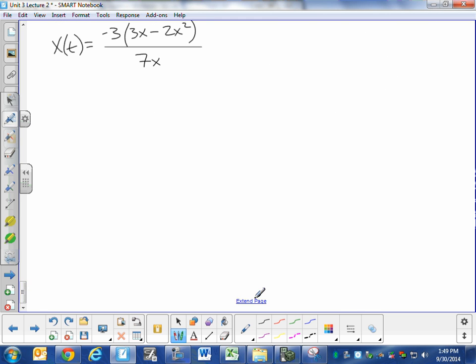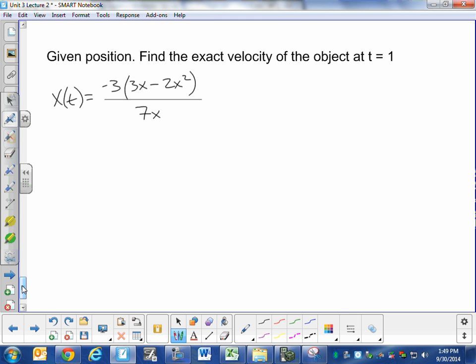Finally, last problem. Given the position, find the exact velocity of the object when t equals 1. Of course, these should all be t's. All right, so we have position.